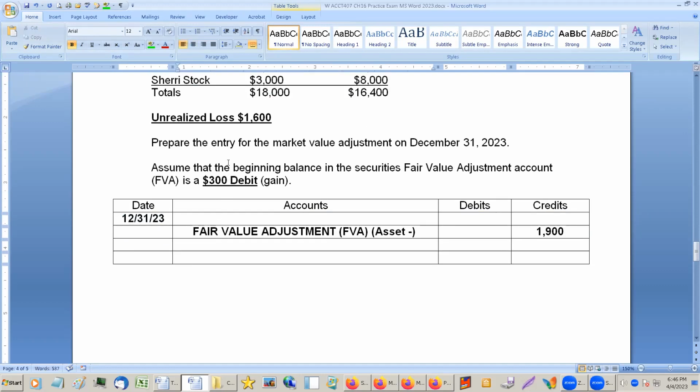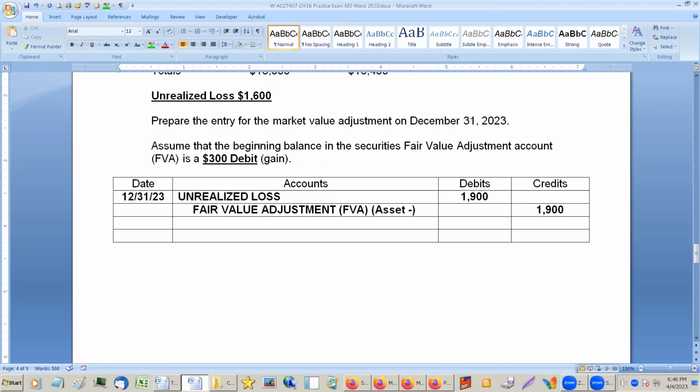And so this will be an unrealized loss in total of 1,900. If you think about it, what did we do? We lost the 300 from last year, and then we lost another 1,600 on top of it.